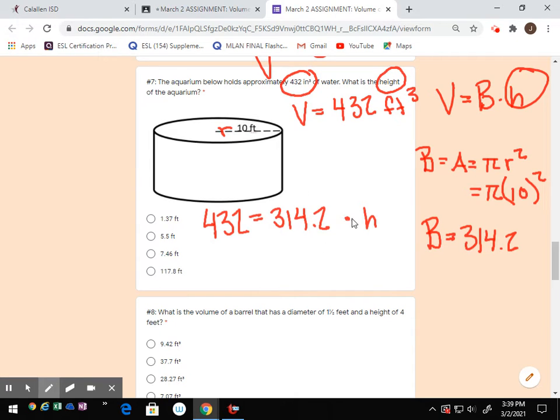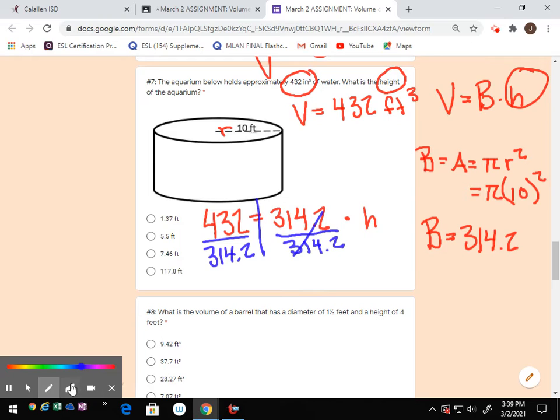The opposite of multiplication is dividing. So we're going to divide 314 on this side of the equation. And when we do the one side of the equation, we have to do it to the other side. So we're going to divide this side by 314. Okay? When we divide these two cancel out. And all we're left with on this side is H. We're going to drop H down.